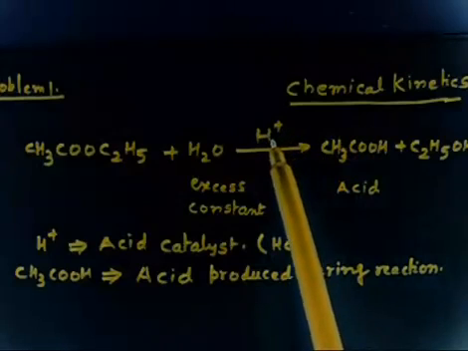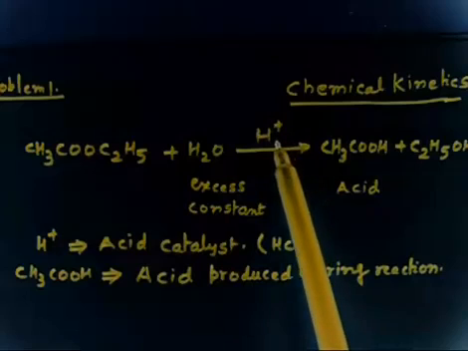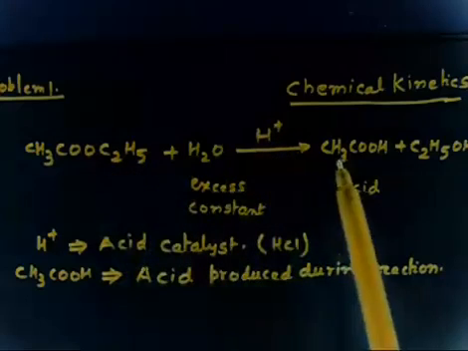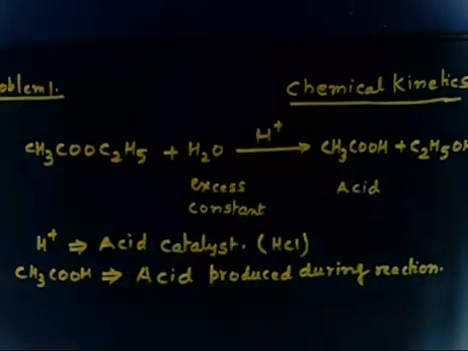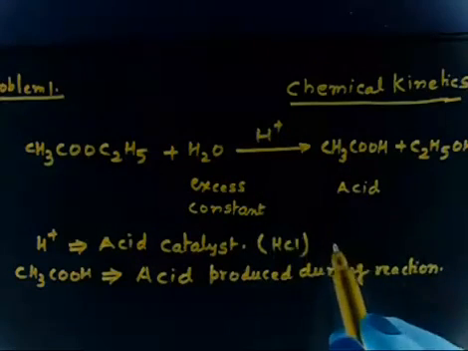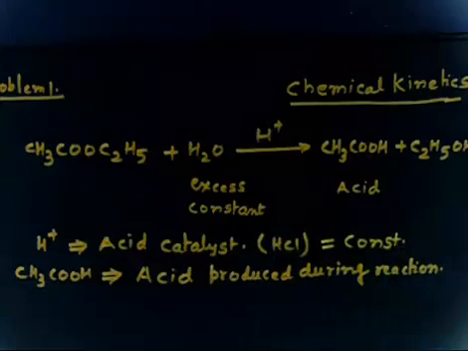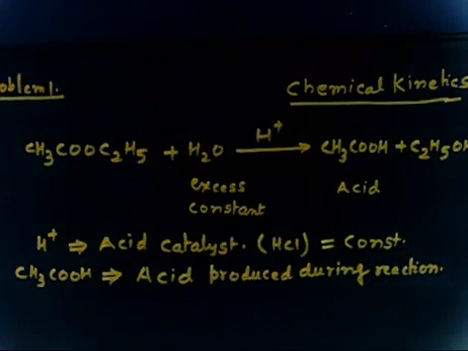So during the whole reaction this H plus remains constant because this is a catalyst. If it is used in this reaction, finally it gets converted back. So this H plus acid catalyst concentration remains basically constant because this is a catalyst. Catalyst is used up and finally it is given up by the reaction.